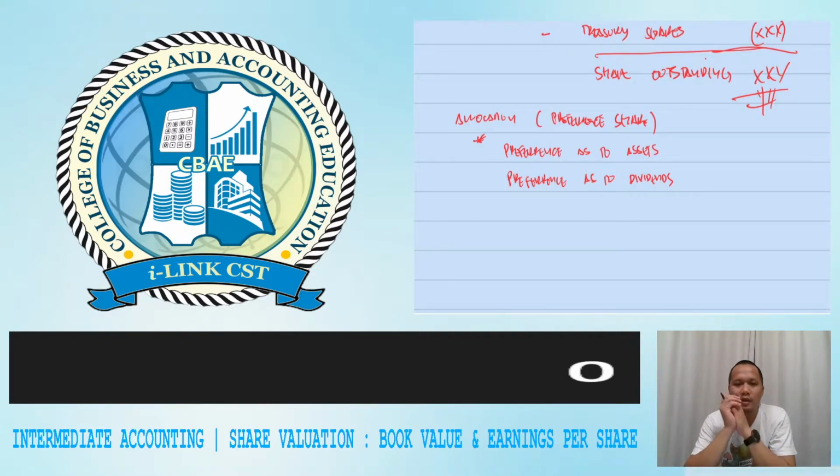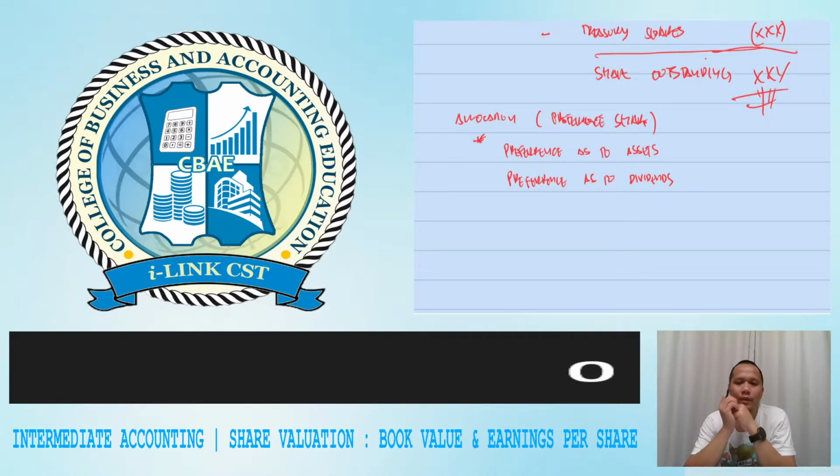That is why, if I hope that you have already read your material or the book, the nature of a preference as to asset preferred shares is that if there are dividends in arrears, as long as it is stated and declared, it should be paid.